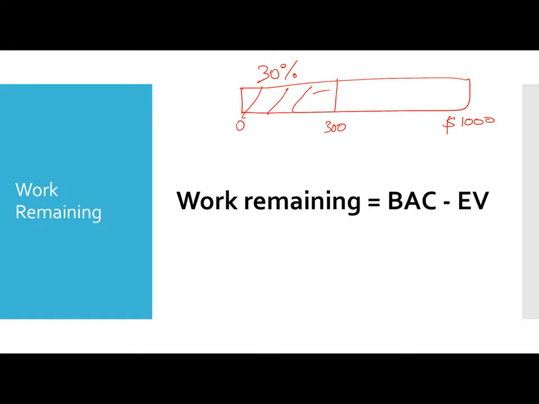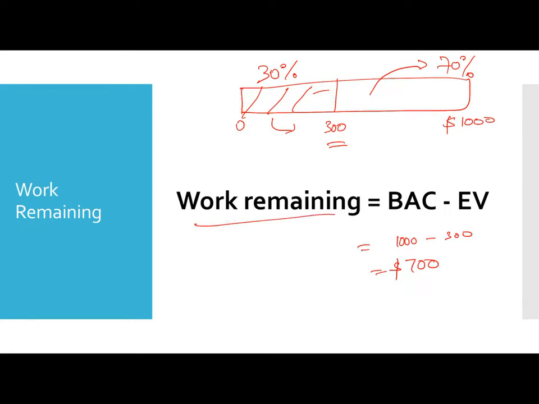So how much work is remaining? 70% is remaining. So this is nothing but budget at completion minus the earned value. What is the earned value in 30%? It's like 300. So work remaining is 1000 minus 300, which is equal to $700.